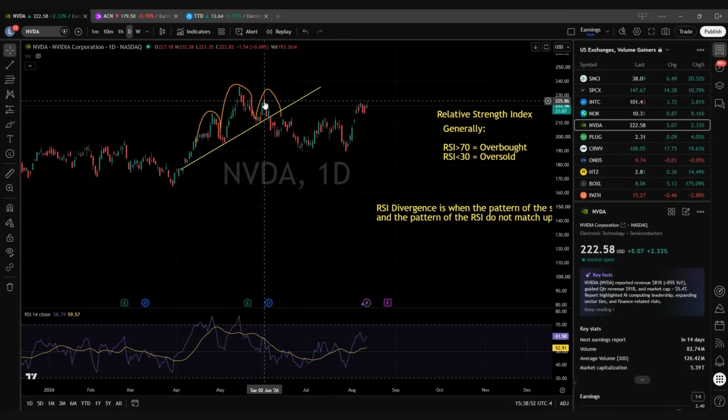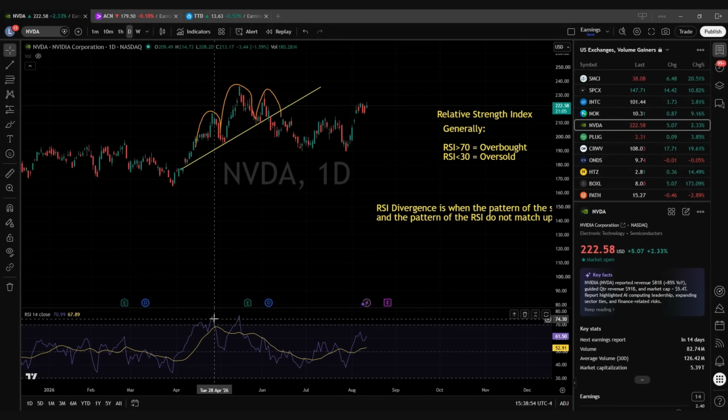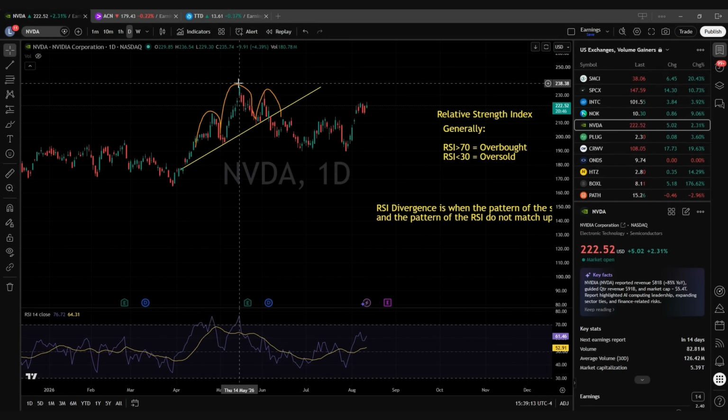But if we go down here and look at the RSI and where it kind of coincides, okay, left shoulder, wow, that's great. That looks perfect. Looks fine. Comes down, yep, also comes down and goes higher. It goes higher, but the RSI is pretty much just where it was on the left shoulder, slightly higher, despite Nvidia making a brand new high.